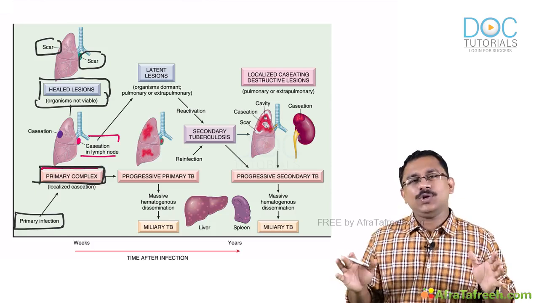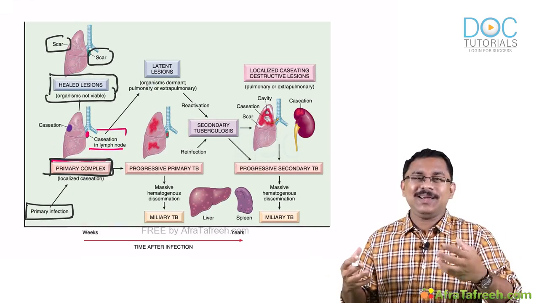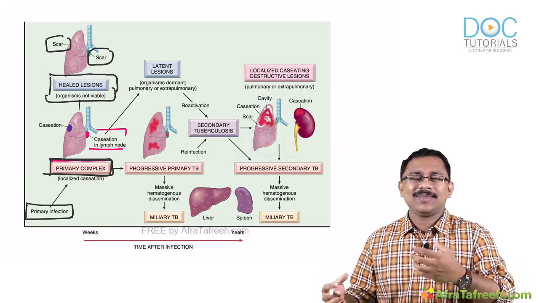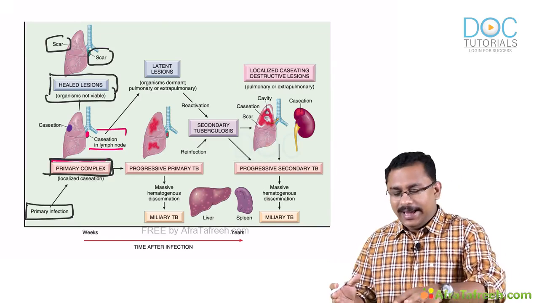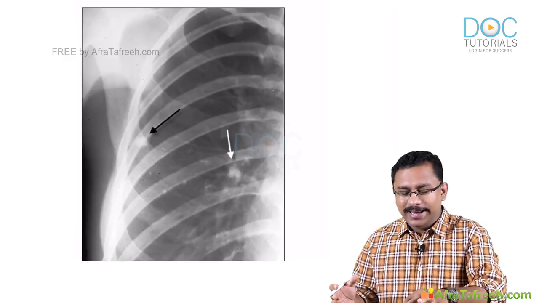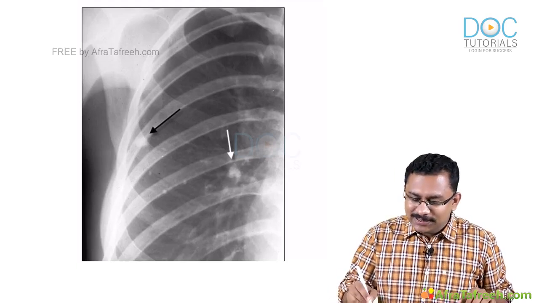So in such an individual, after the initial maybe asymptomatic stage, or maybe the fever and the pleuritis, after that the patient may be completely asymptomatic. And sometimes when an X-ray is taken for some reason, you might see these two.